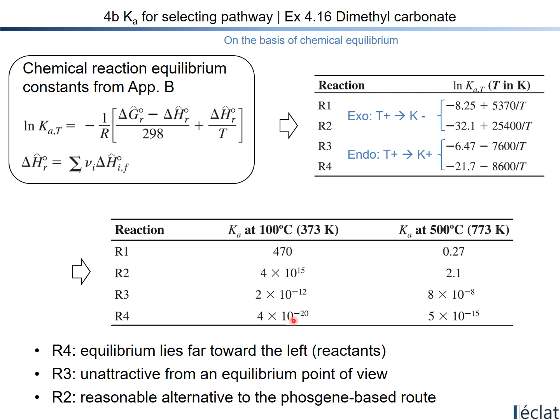R3 and R4 are too low in terms of chemical equilibrium constant. So R2 is a reasonable alternative to the phosgene based route R1, even if this reaction 2 has the carbon monoxide as the reactant. However, carbon monoxide is better than the phosgene.